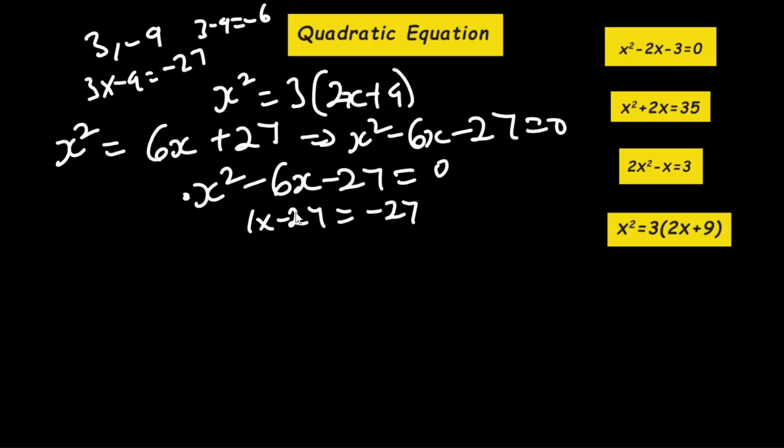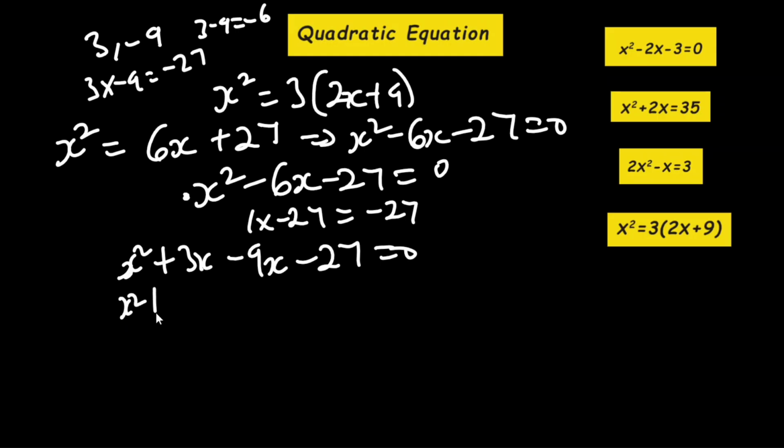So we need to replace the negative 6x with 3x and also negative 9x. X squared plus 3x minus 9x minus 27 is equal to 0. X squared plus 3x inside one bracket, and then minus 9x.